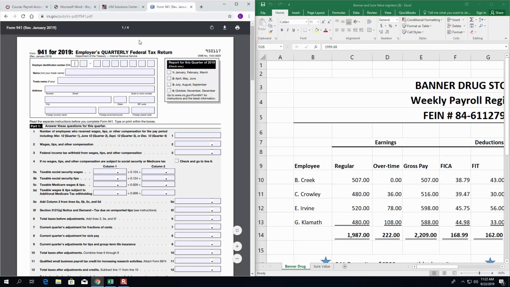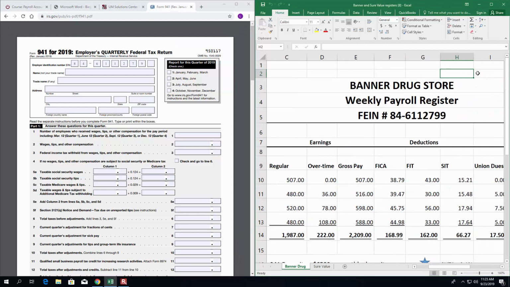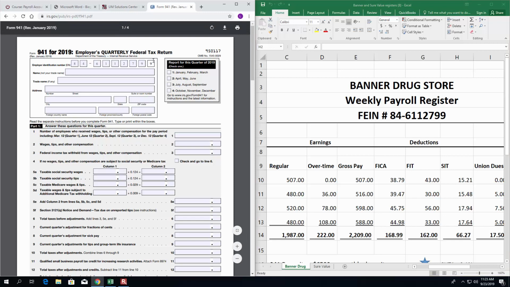You guys remember what the EIN is? Where did they get that? Right, they fill out an SS4, and does the Social Security Administration give it to them or the IRS? Whenever you see a form starting with SS, that means it's a Social Security form.